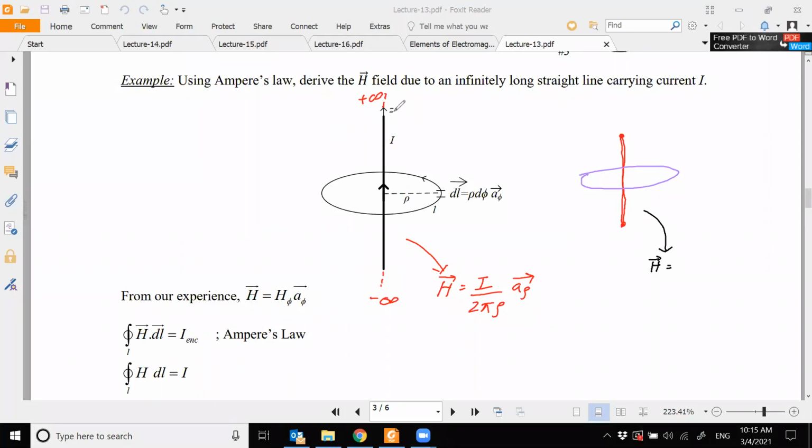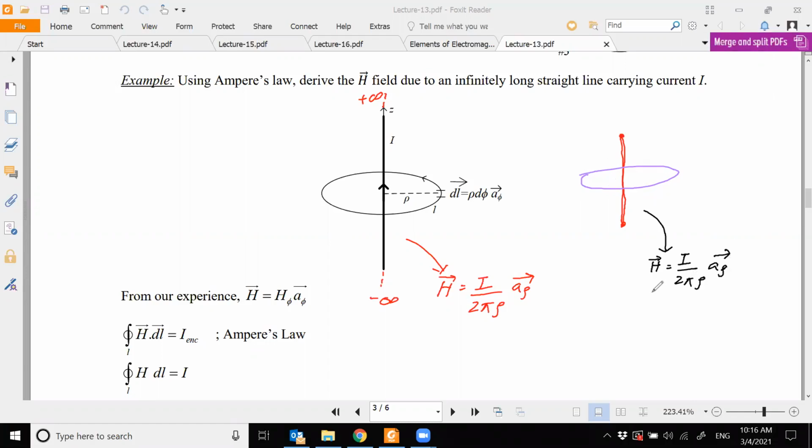Here is the infinite line and you put Ampere's law here, but here it's a finite line and still you are putting Ampere's law along this purple loop. So what expression do you expect? You will expect the same expression, right?